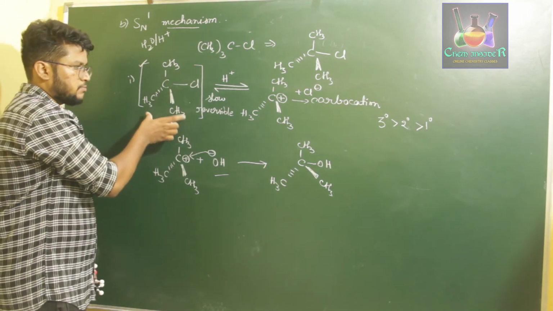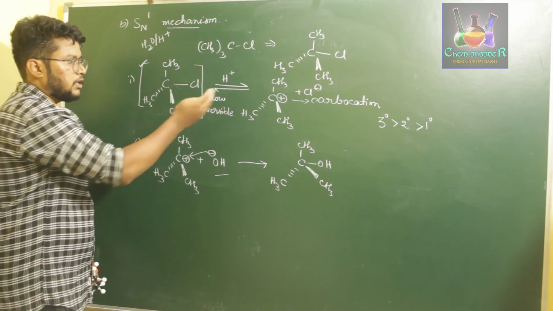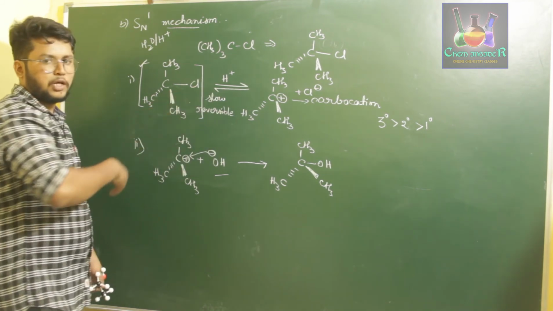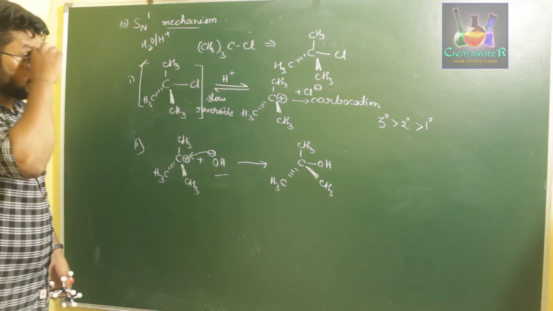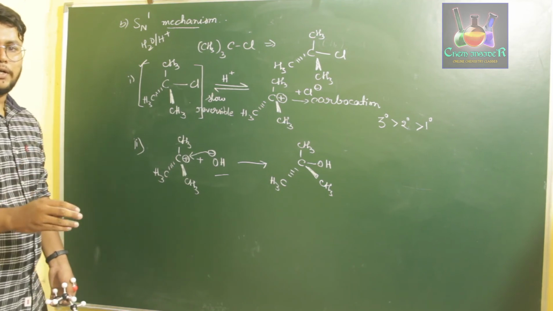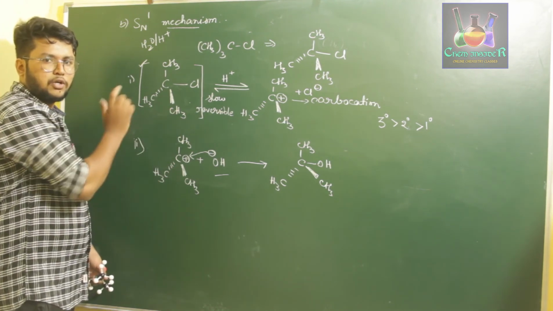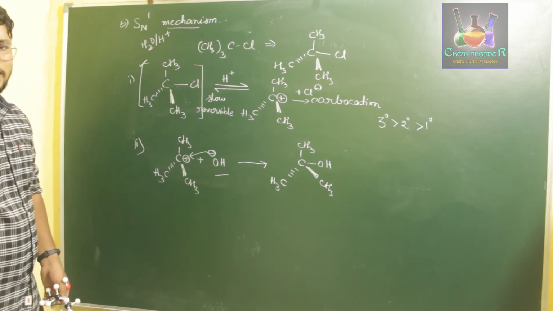So if this is more in concentration, then the reaction moves forward. If it is less, then the reaction goes backward and there will be no formation of carbocation, which later results in no formation of alcohol at all. Therefore, this reaction completely depends upon the concentration of tertiary butyl chloride taken. So this is the process of the SN1 mechanism.